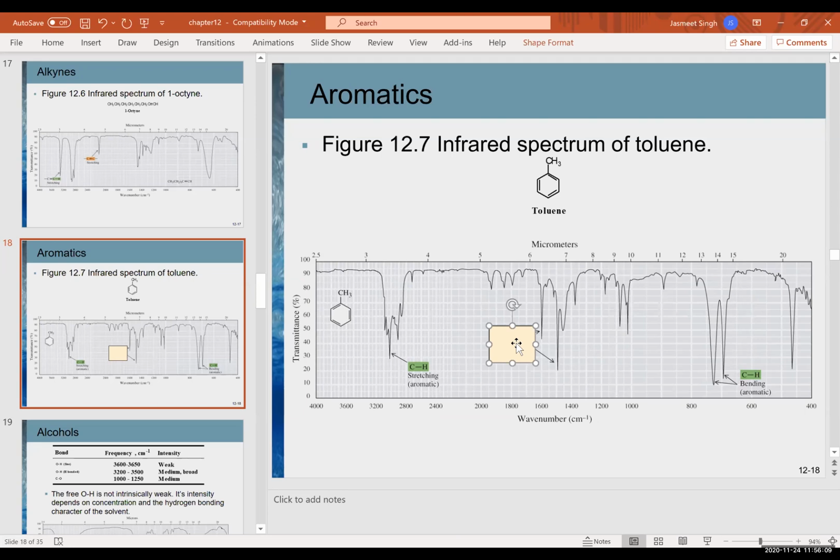And then this is the C double bond C stretching pattern of aromatic hydrocarbons. So this position is similar to alkenes, but this one is a new one. So when we have two of these together, that indicates that this system is aromatic.